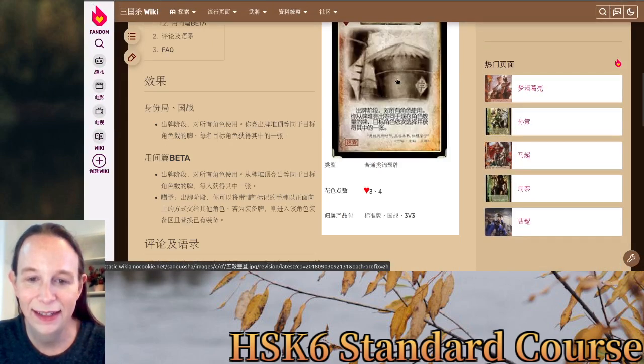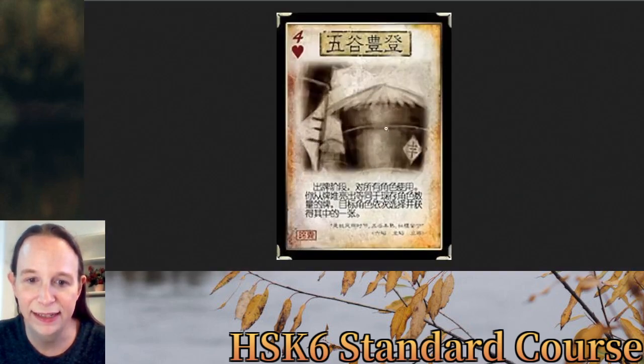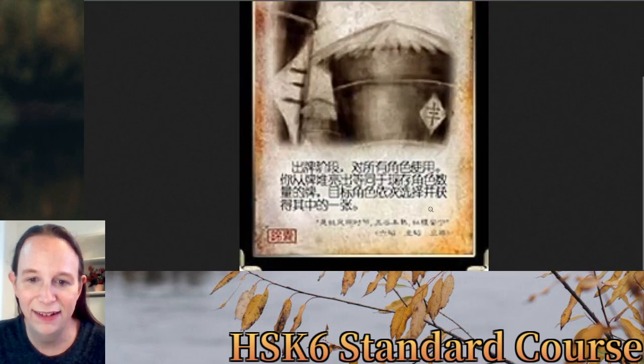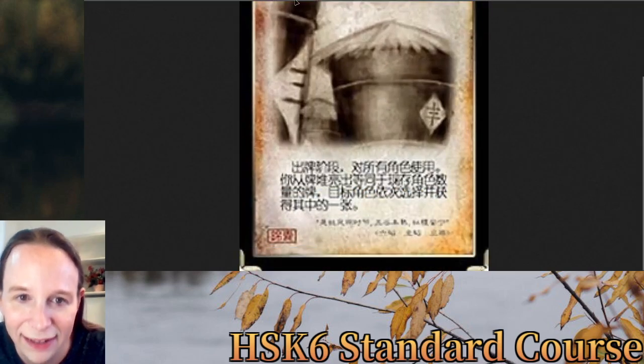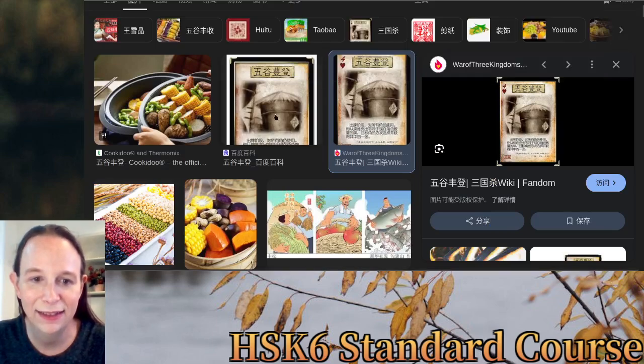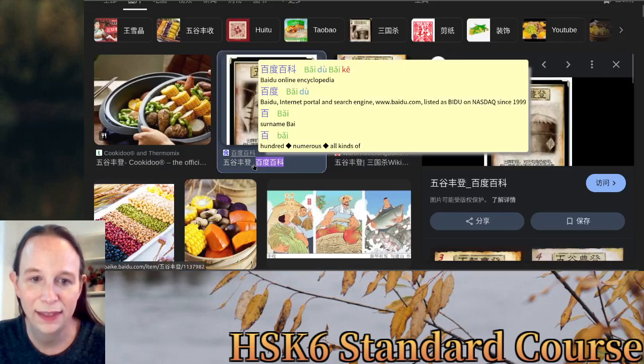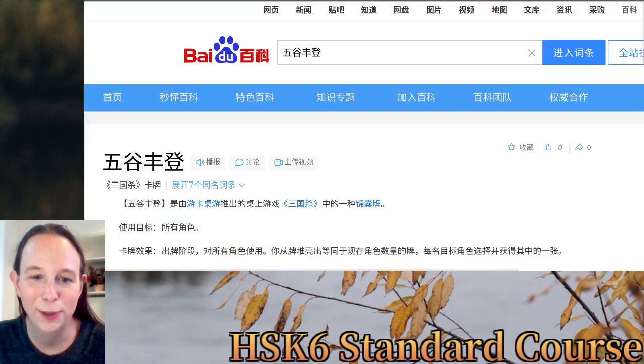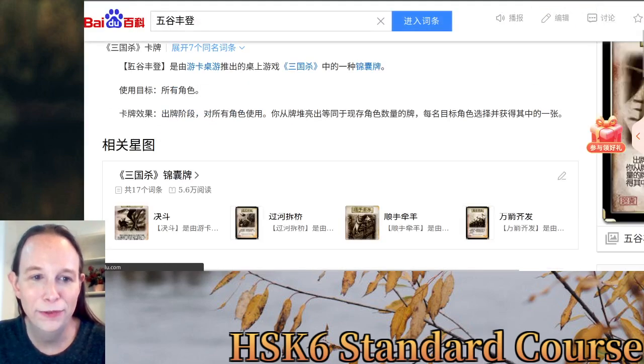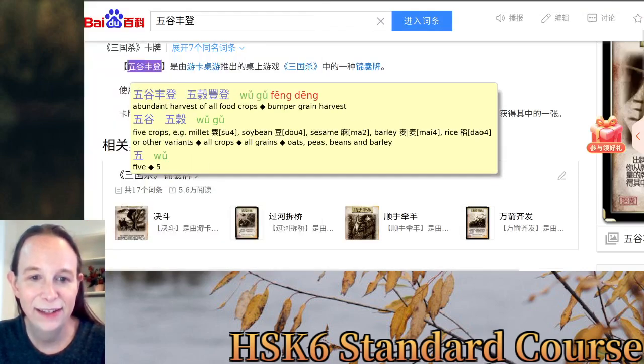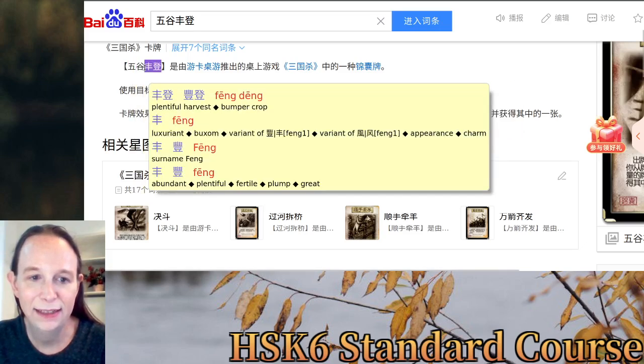All right. So can I open that and actually read it? No. Oh, do you have a better quality one? Is it on Baidu? 五谷丰登. 5 grains, 丰登, bumper harvest. What is the dong? 丰登, plentiful harvest, bumper crop.